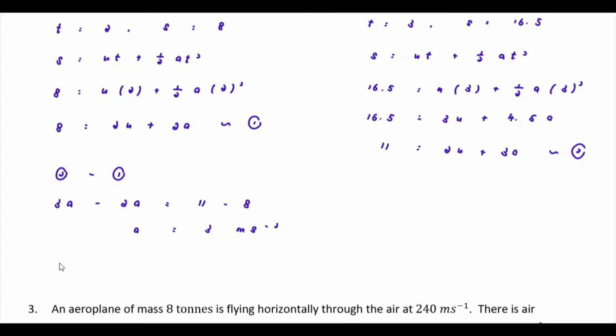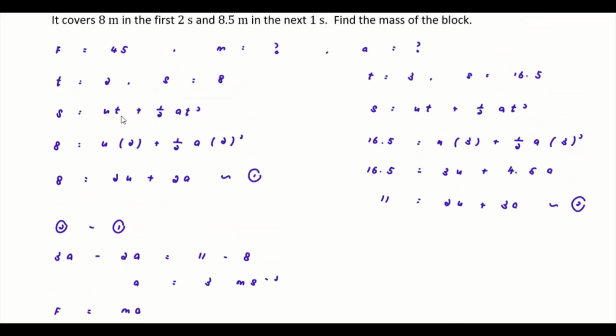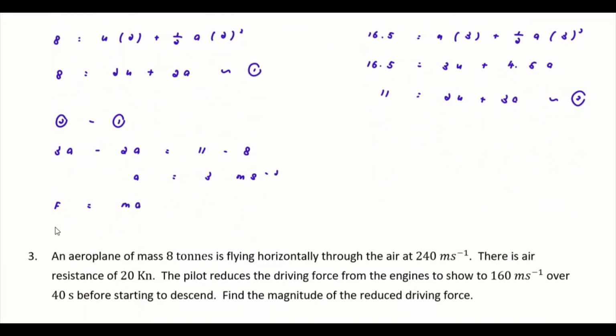Okay, so by having this, we can substitute into F equals ma now. The force exerted here is 45, the mass is what we want to find, and then 3. So from here, we get our mass equals 15 kg.